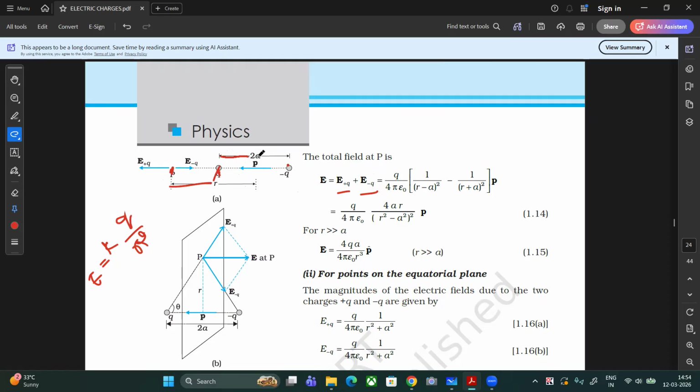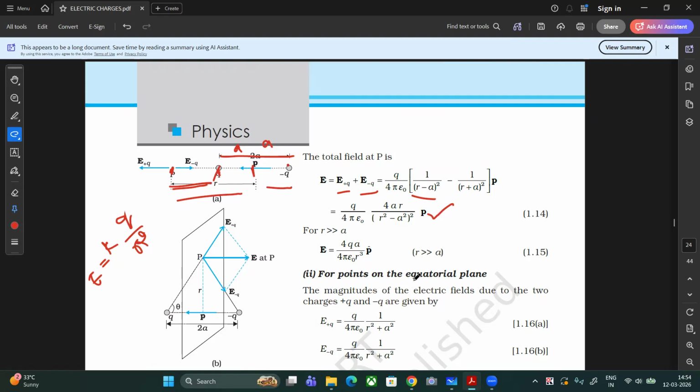The total distance we take as 2A. The dipole is separated into two parts, A and A. The total distance is taken as R. So we take R minus A the whole square, and here the other distance will be R plus A the whole square. After cross multiplying this, we get this expression.